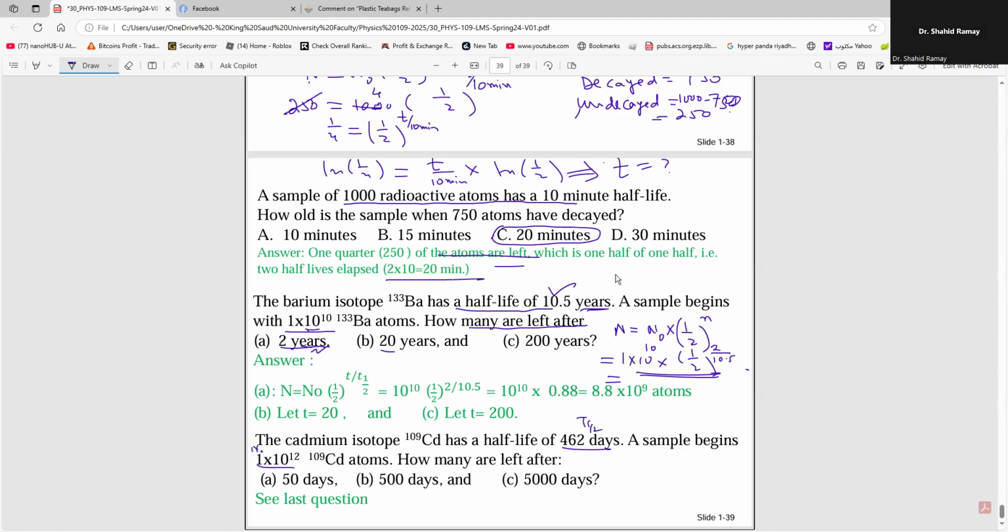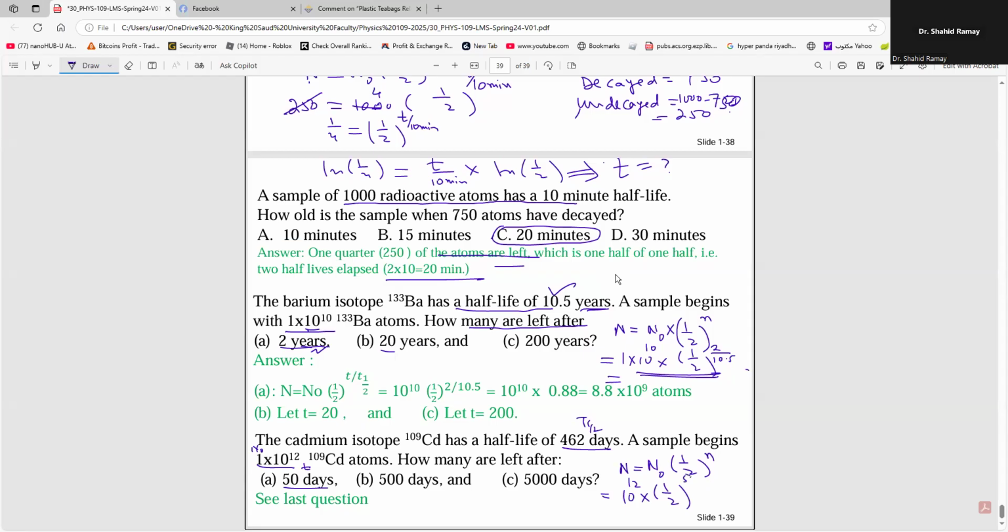This is your N naught. And how many are left after 50 days? So this is your t value. Just solve for N. N is equal to N naught into (1/2)^n. So using the same formula, this is 10 raised to power 12 into (1/2)^n. n is what? t over t half. t is 50 days in the first case.